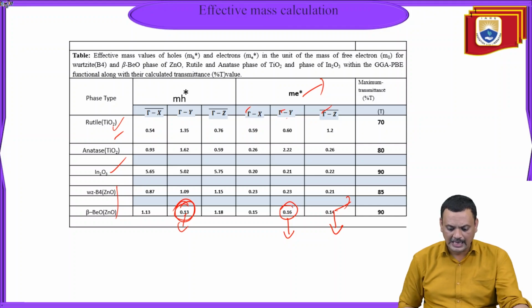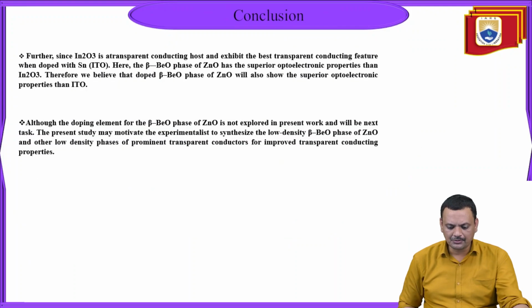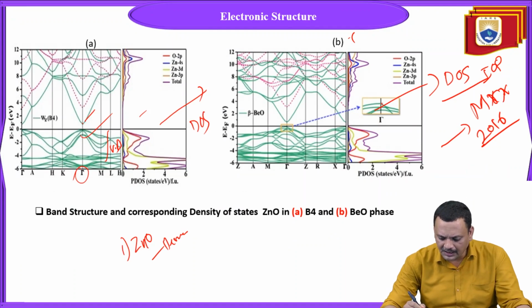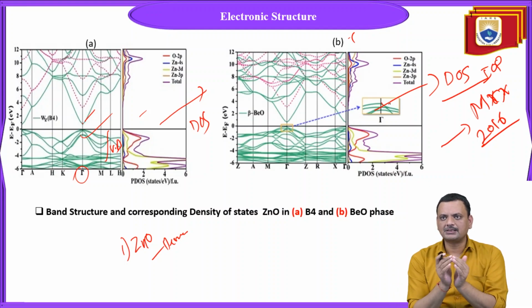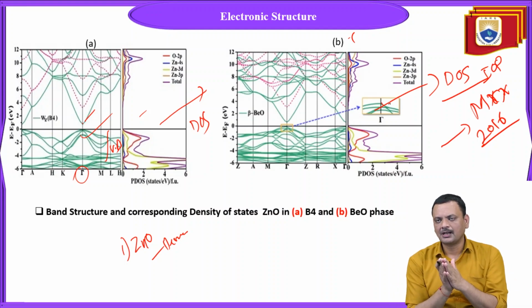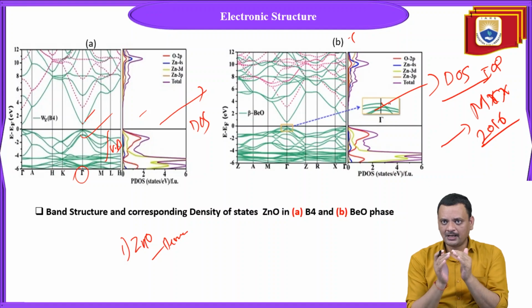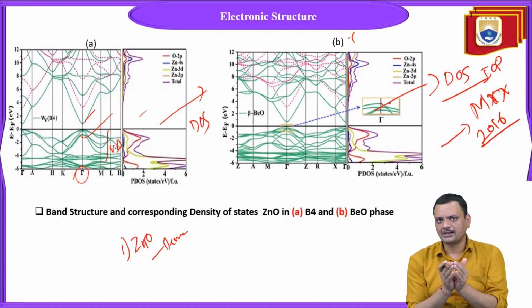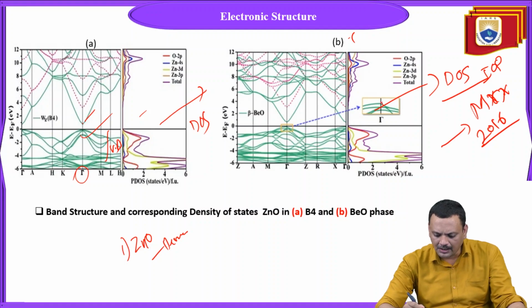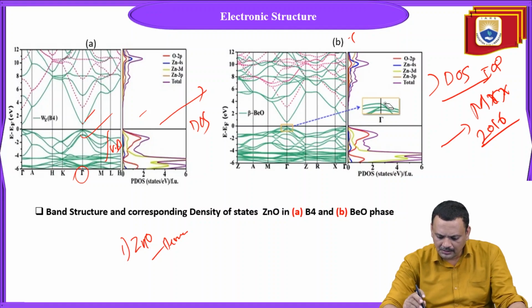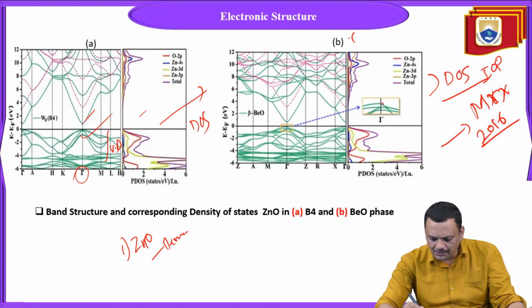Why does such a thing happen? It happens due to this sudden dip. See here, what I told, this curvature or dispersion is very, very important for calculation of the effective mass of charge carriers. So a sudden dip occurs here.